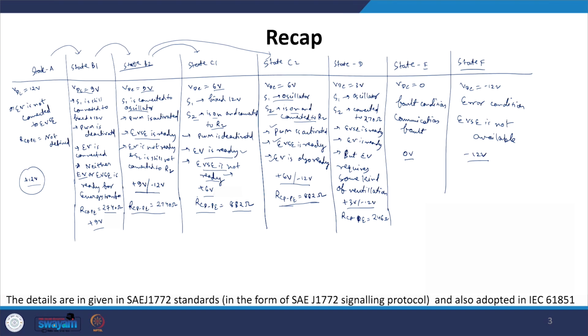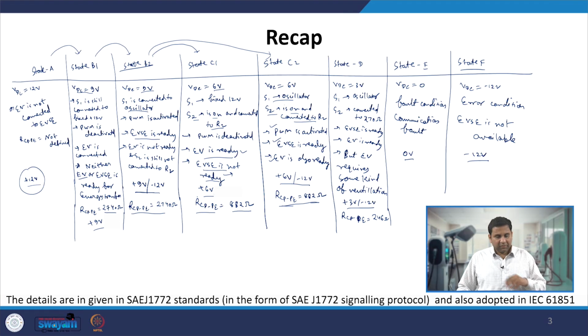Then after that, let us say the battery pack in the vehicle requires ventilation. So, during that time the vehicle changes the R2 value which was 1.3 kilo ohm to 270 ohm, and that is when the 270 ohm comes in parallel with 2740 ohm, and that will give the resistance between CP and PE to be 246 ohm.